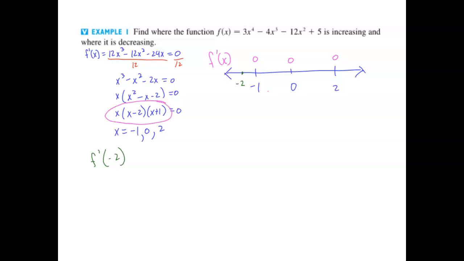Because I can go, okay, x is -2. So this is going to be -2 minus 2. This is going to be -2 plus 1. This is going to be negative. So a negative times a negative times a negative is a negative, right? So I know that this is going to be less than 0. All right, so I know that f prime is negative on this interval.